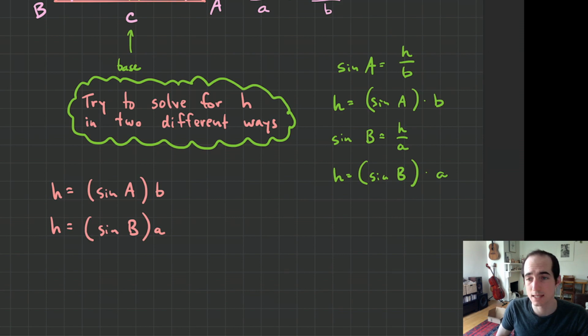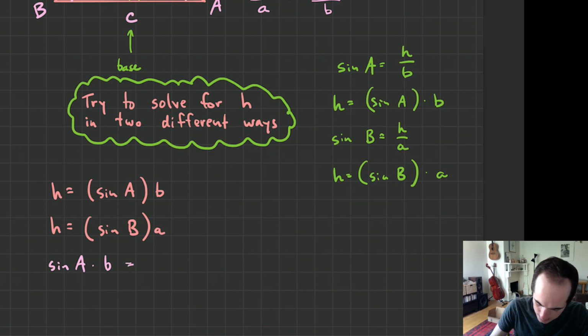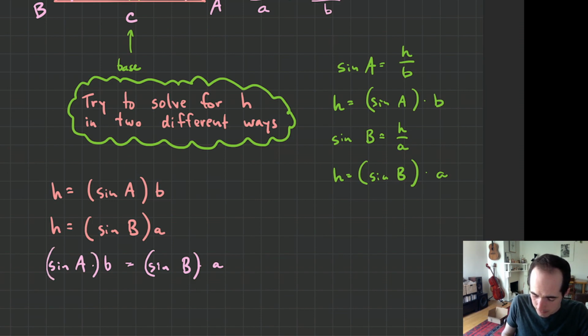Well, then those 2 things must be equal to each other, right? Because they're both equal to h, so they must be equal to each other. So let's go ahead and solve that. That means that (sine of A) times b is equal to (sine of B) times a, right, like this. And you can probably see what's going to happen next. I'm going to divide both sides by b times a.